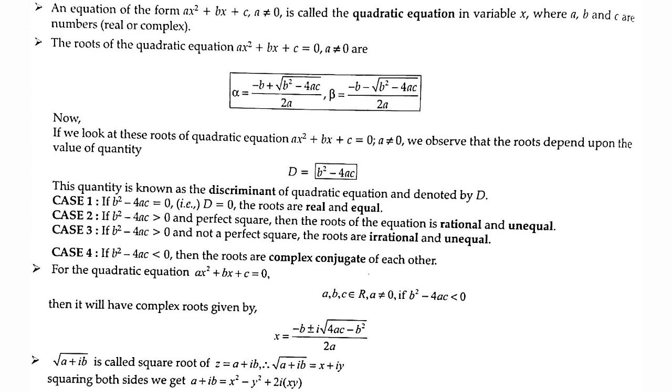Square root of a plus ib is called the square root of a complex number. It means square root of a plus ib is equal to x plus iy. Squaring on both sides, we will get what? a plus ib is equal to x square minus y square plus 2i x into y.